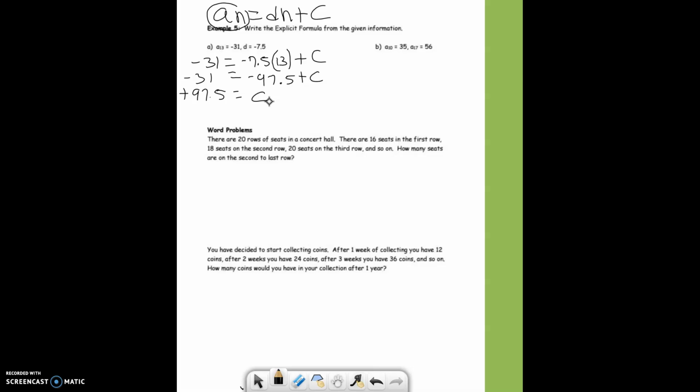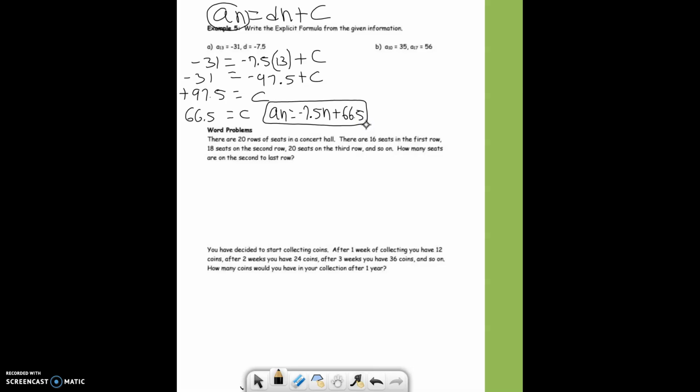Negative 31 plus 97.5 will give me 66.5. And I'm going to put both of these together. So A of n equals negative 7.5n plus my zero term. Okay?